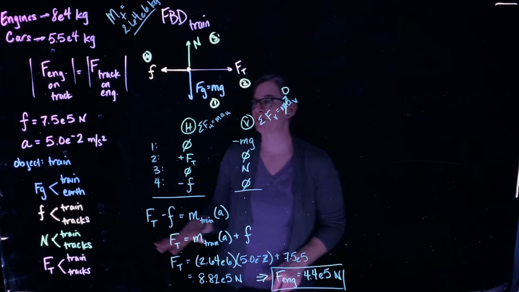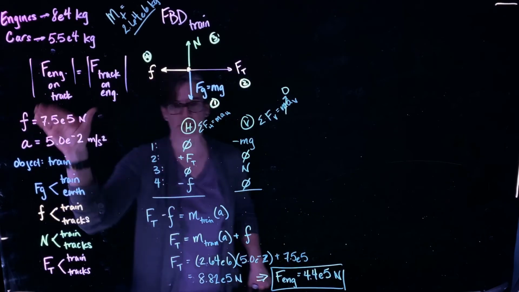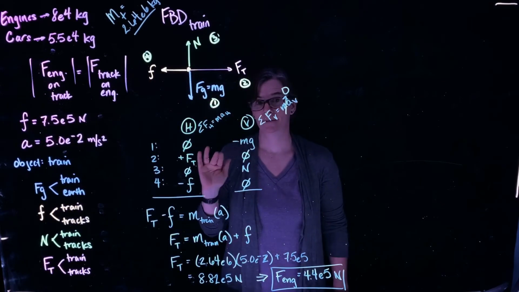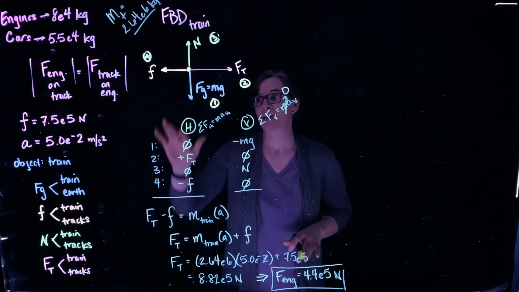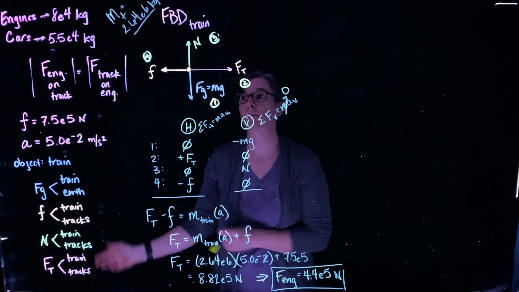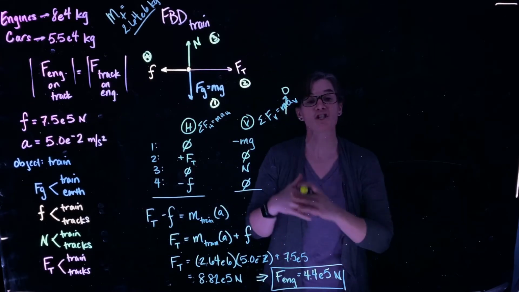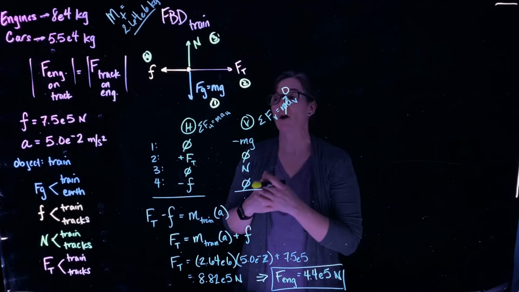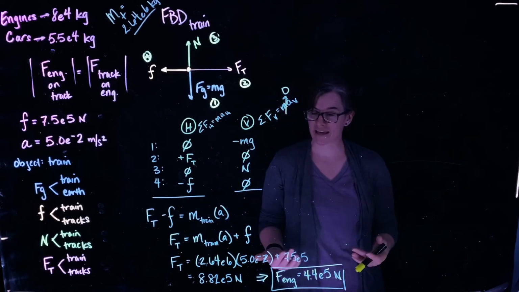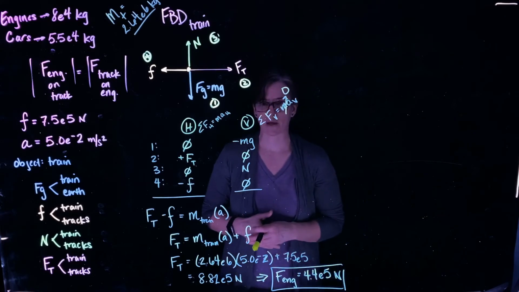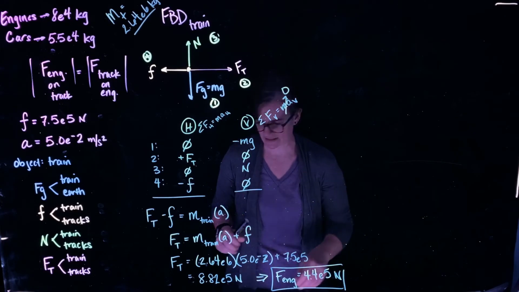So if this is the total friction on the total train, if that friction is evenly distributed between the cars and the engine, then it's shared between all 47 pieces.